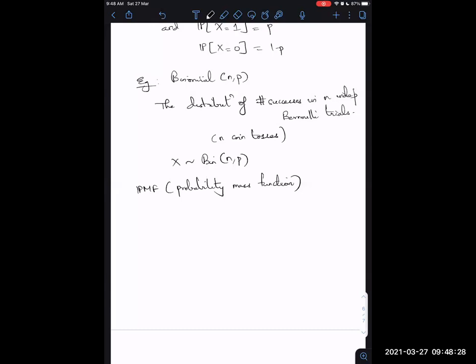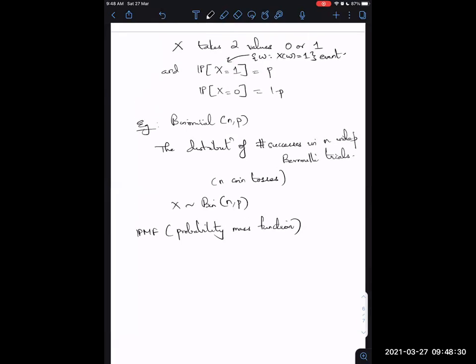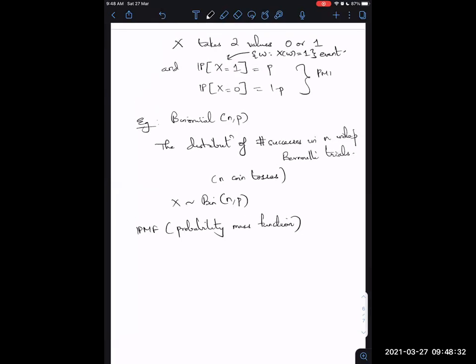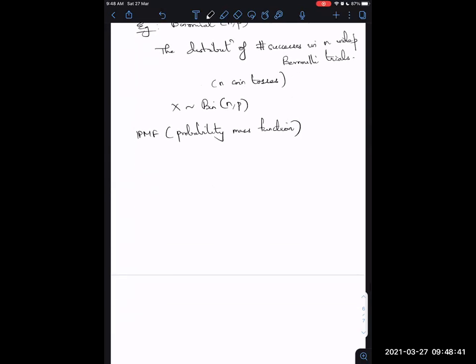This is the PMF of Bernoulli p, where the only parameter is p. And when I say binomial, I mean the probability that x, which counts the number of successes of n independent coin tosses with success probability p for each coin toss, equals k. What is the probability of x equals k?